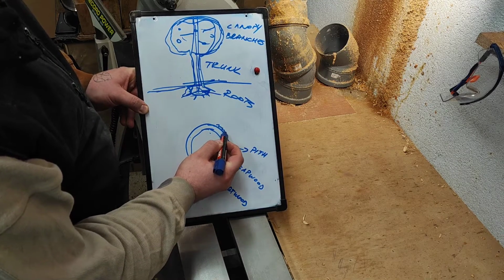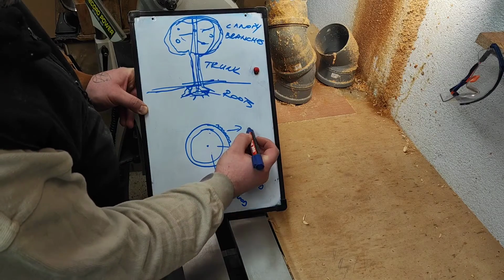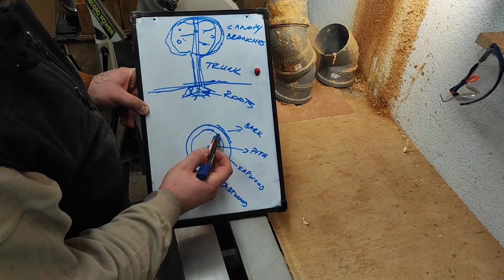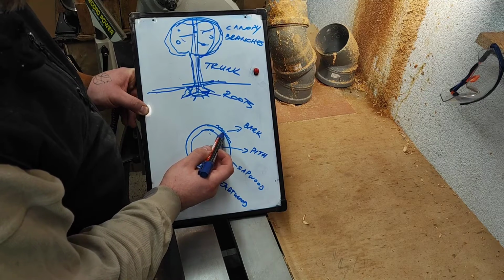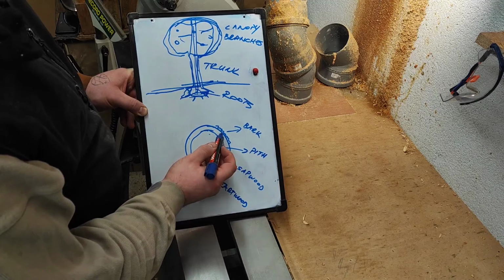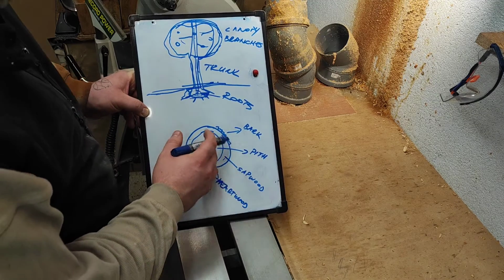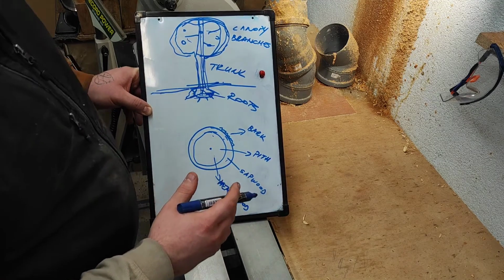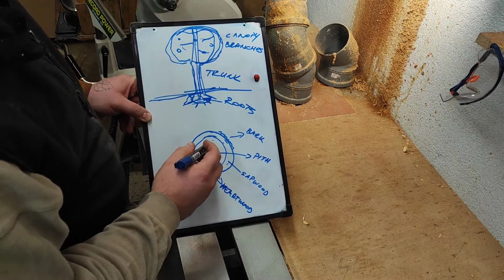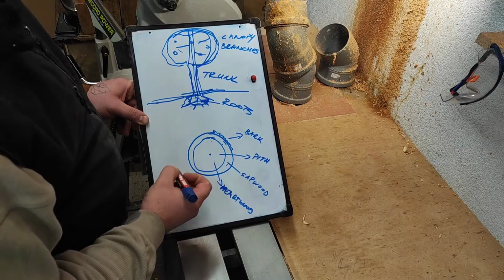And obviously bark on the outside. Now beneath the bark, between the bark and the pith, there are I believe two or three layers, but they are not so important to us, at least not at this stage.